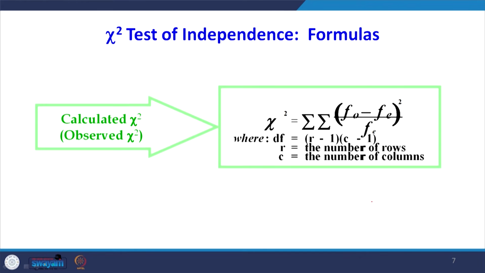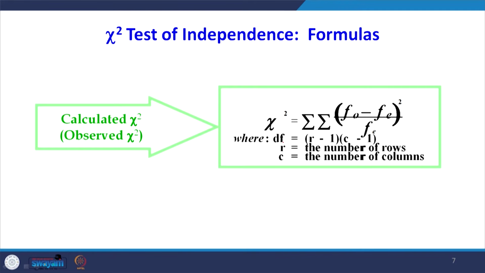Then how do we find the test statistic of our chi-square? The calculated chi-square or observed chi-square value is the sum over all cells of observed frequency FO minus expected frequency, whole squared, divided by expected frequency. You see that the square is not for the expected frequency, it is only for the numerator.